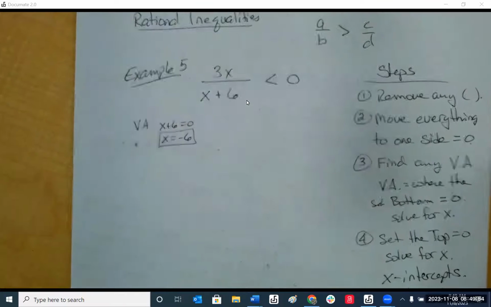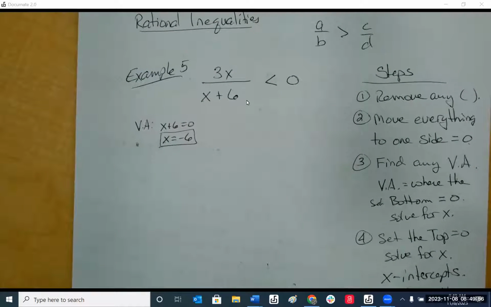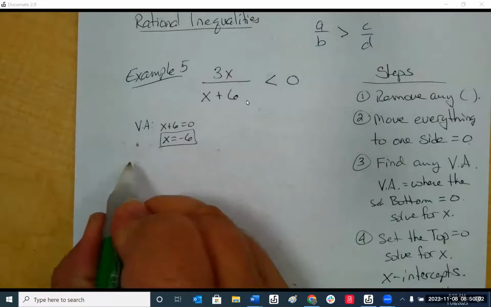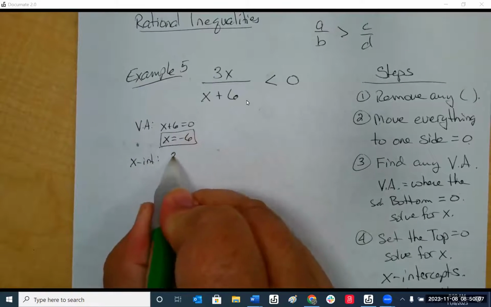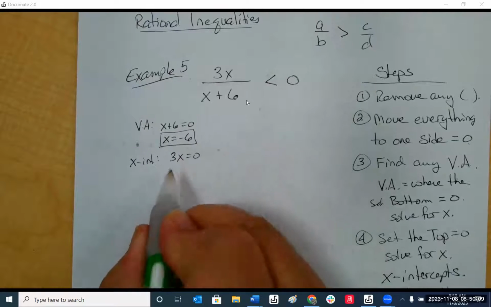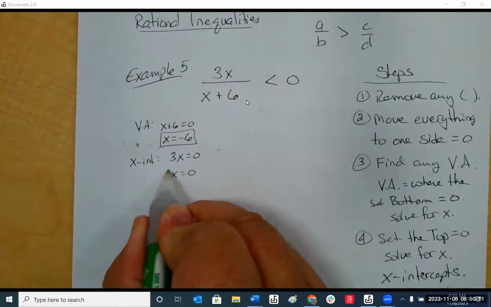Set the bottom equal to 0 and solve for x. Then find the x-intercepts. Set the top equal to 0 and solve for x.